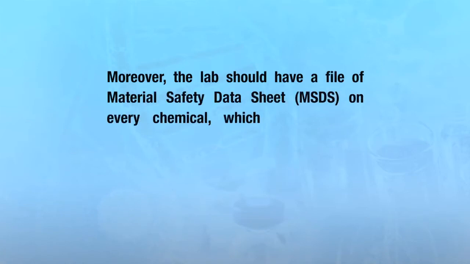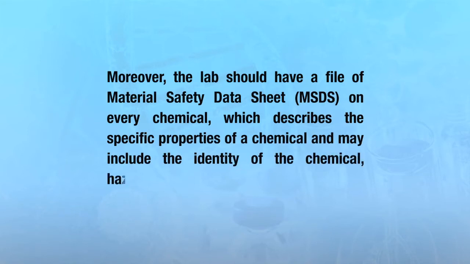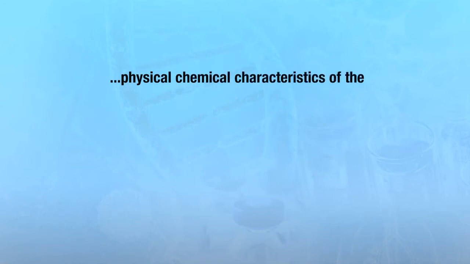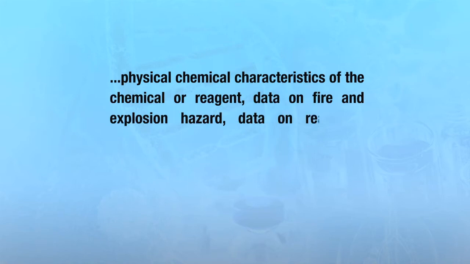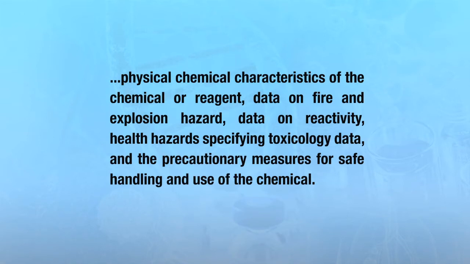Moreover, the lab should have a file of material safety data sheet on every chemical which describes the specific properties of a chemical and may include the identity of the chemical, hazardous chemical or ingredient, physical chemical characteristics of the chemical or reagent, data on fire and explosion hazard, data on reactivity, health hazards specifying toxicology data, and the precautionary measures for safe handling and use of the chemical.